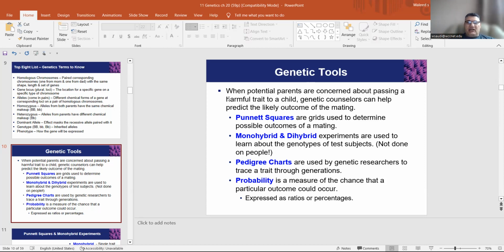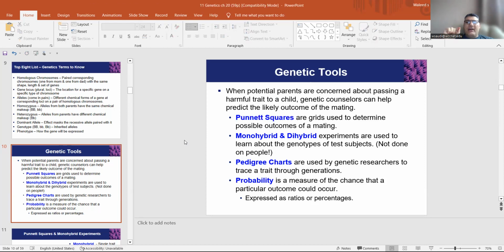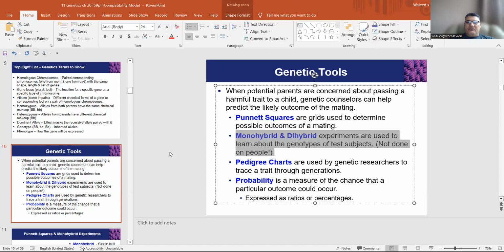Yes, we can do it in a Punnett square. We can know the outcome, but remember this, we can know possible outcome, possible. And there is another way, but this is only for experiments. It's not the most important. We are going to understand a little bit about it, but it's more for deeper experiments. You're going to do experiments regarding, let's say, plants or flowers or something like that.